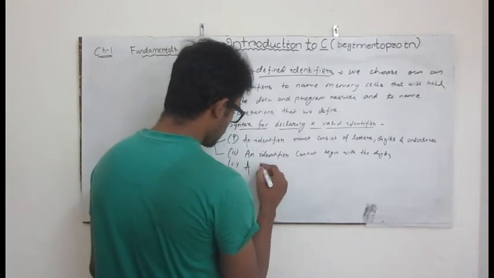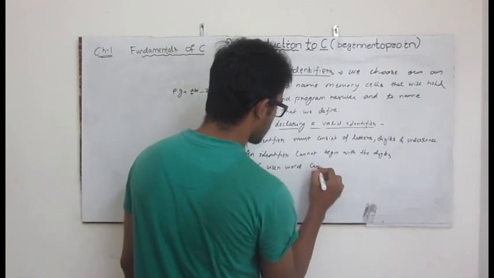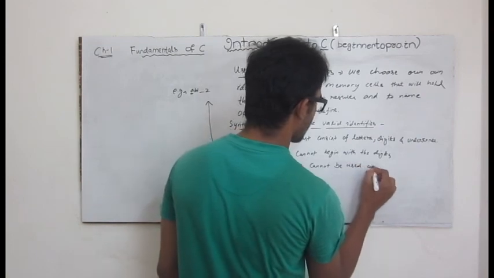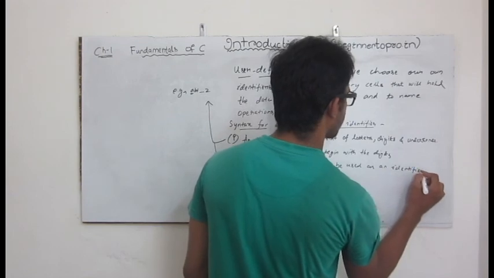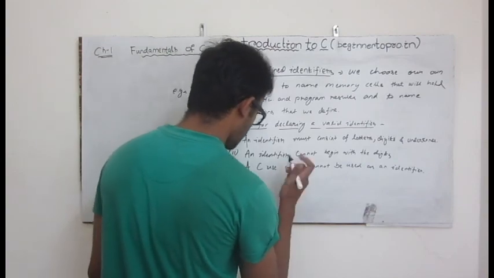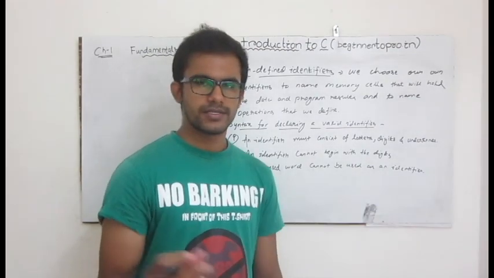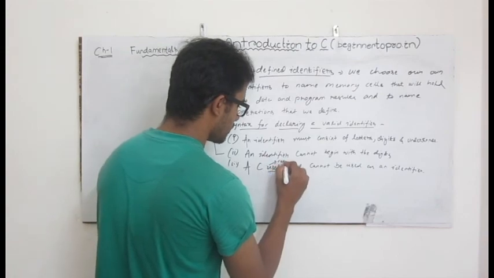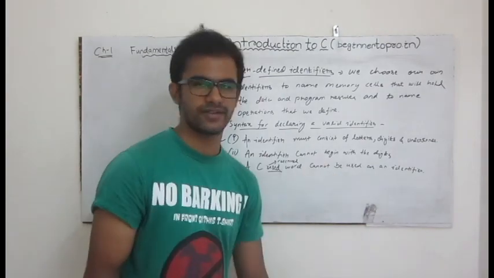Let me make you understand what this line is. A C reserved word cannot be used as an identifier.